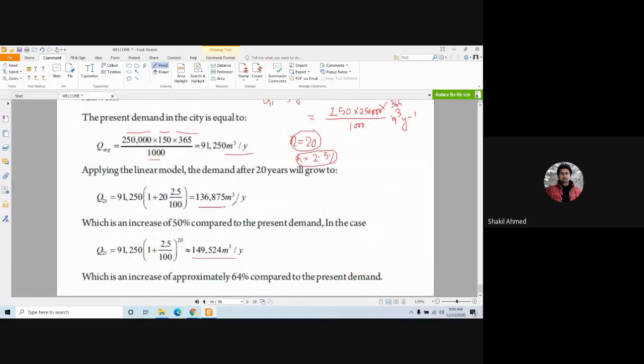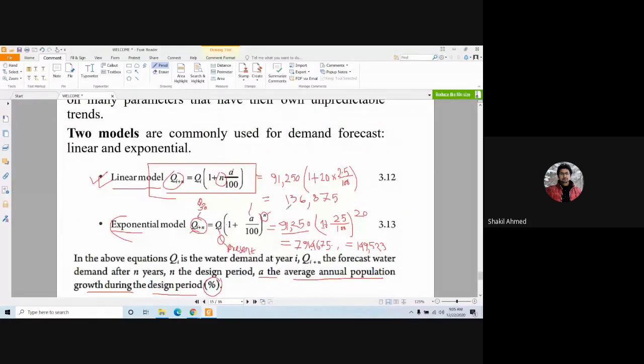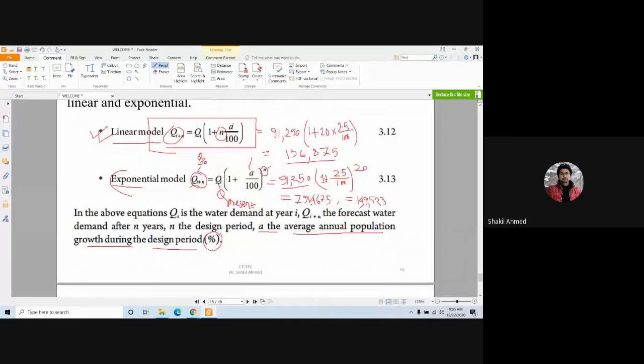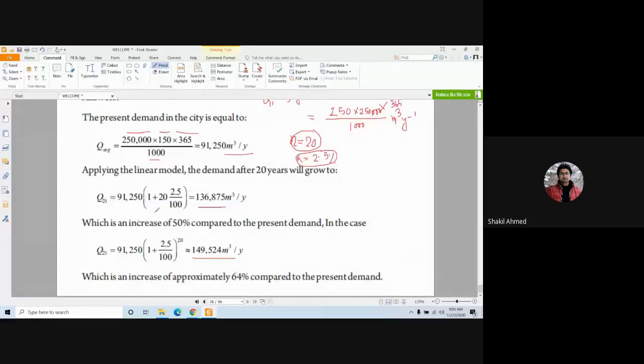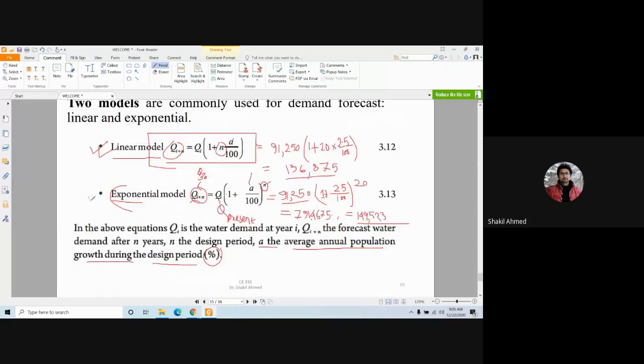So these two values are not exactly similar. This is 136k and this is 149k. So there are some dissimilarities, right? Because the model is different, linear model and exponential model. Naturally, population growth usually follows the exponential model, so we may assume that this is the correct one.